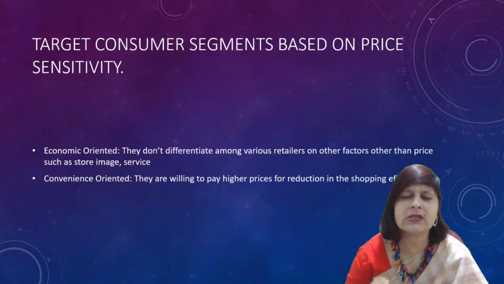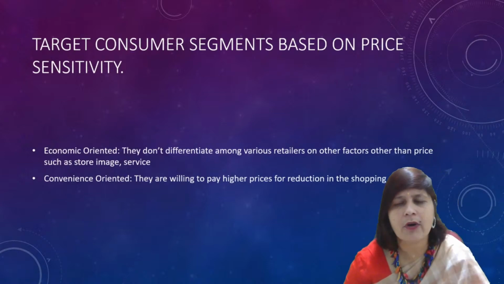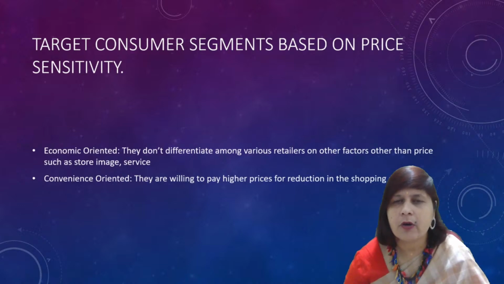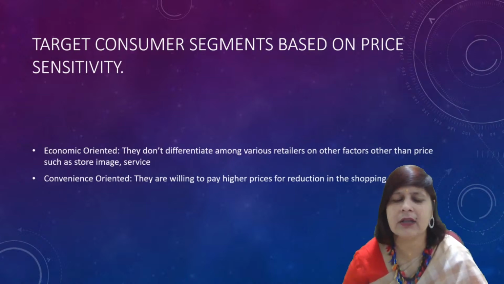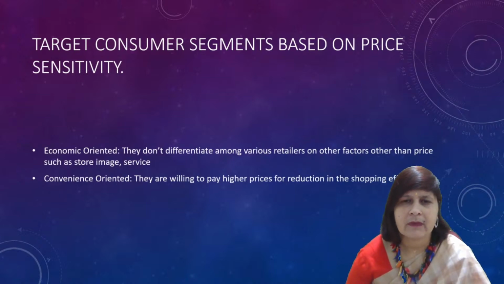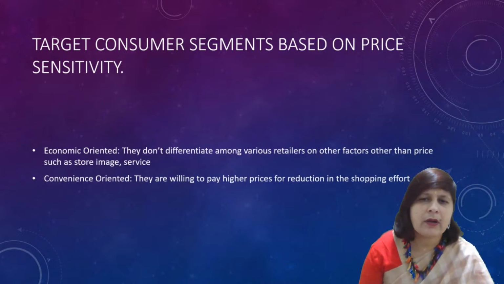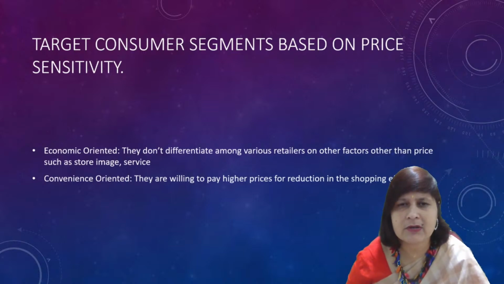The first factor was the price sensitivity, whether your consumer is price sensitive or not. The first type is economic oriented. The customers who are economic oriented don't differentiate among various retailers on any factor other than price, right? It hardly matters to them whether you are a big store, what the image of your store is, what quality of product you are selling, what services you are providing.